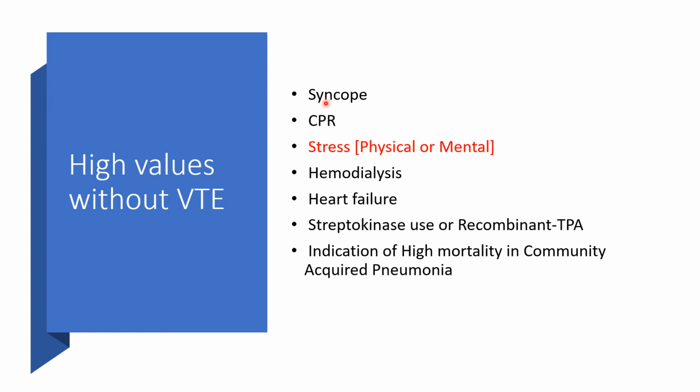A high value is also possible without venous thromboembolism in syncope, in CPR, in stress, that is physical or mental stress, in hemodialysis, in heart failure, in streptokinase use or recombinant tissue plasminogen activator. As an indication of high mortality in community-acquired pneumonia, a very high D-dimer value could be from all of this.